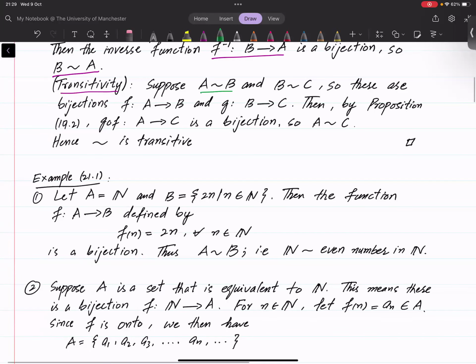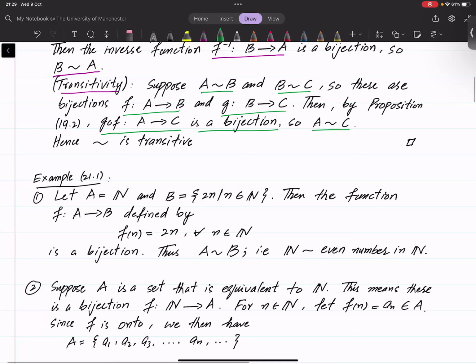Let's say A is related to B and B is related to C. These two things will give us that there is a function f from A to B and a function g from B to C. Then by proposition 19.2, which we have proved in chapter 19, the composition of two functions is also a bijection. So this composition gives us the relation from A to C, so A is related to C. And this shows that the relation is transitive.